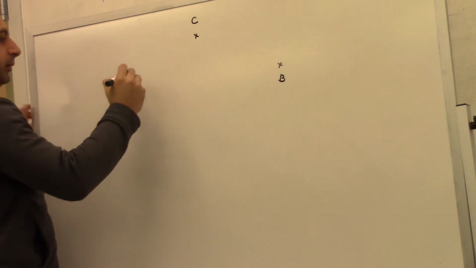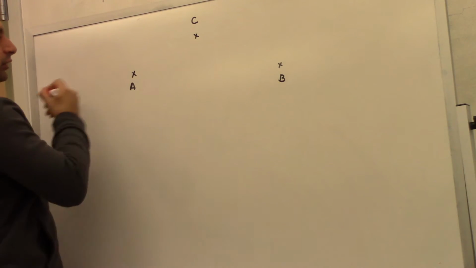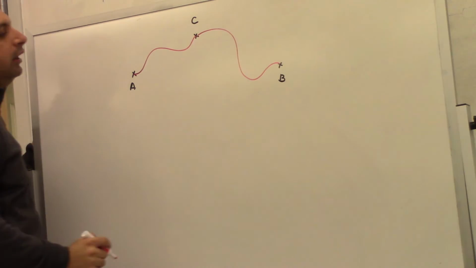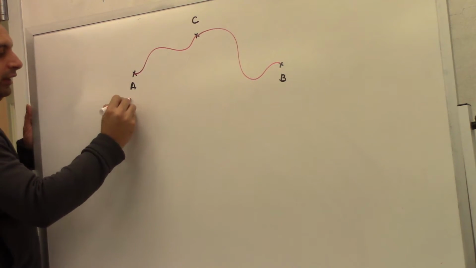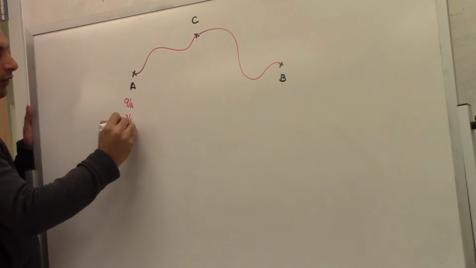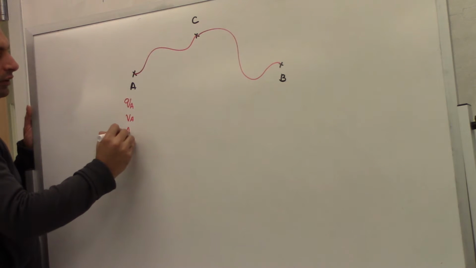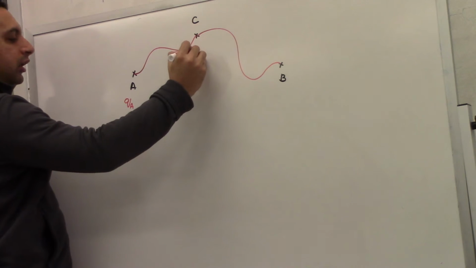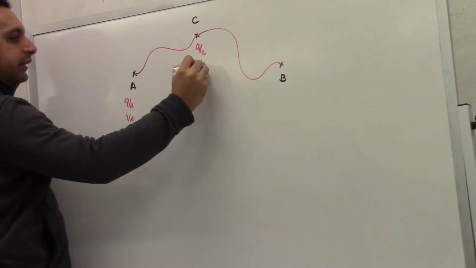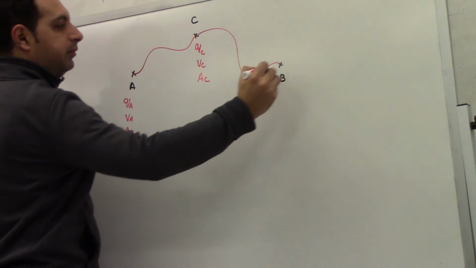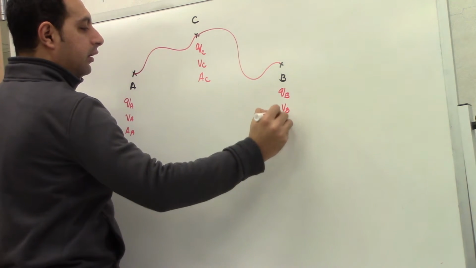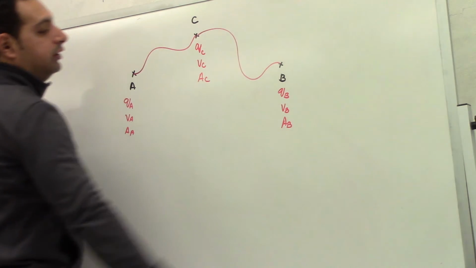So your trajectory will be like this. You'll go from A to C first, and then from C to B, right? So in this case, here you have initial QA, VA, and acceleration, let's call it AA. Here, you will have QC, VC, and AC. Same thing here, set of values QB, VB, and AB. Okay, acceleration and this.